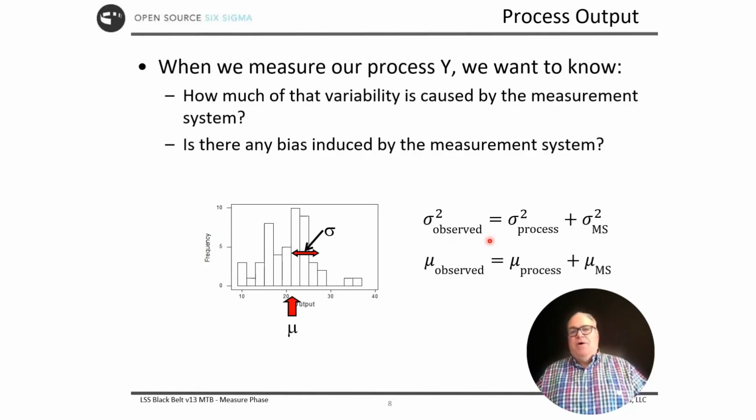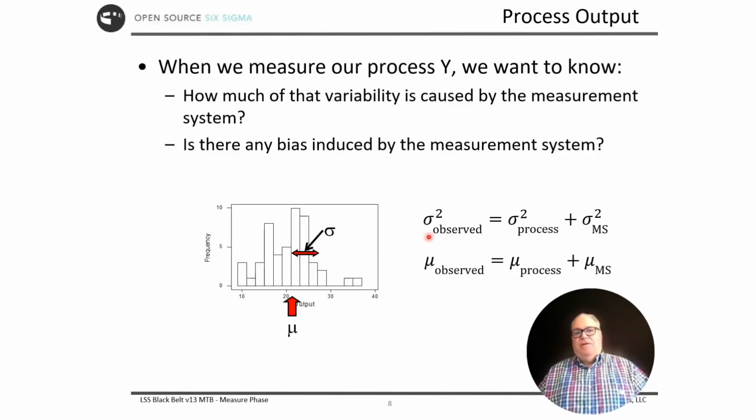Now those are composed of, let's look at the mean first, what we calculate as the true process mean. We're going to add up all the data, divide it by n. But if there's any bias in the measurement system, that's included with the measure. So what I have observed may be offset by some offset in the measurement system.